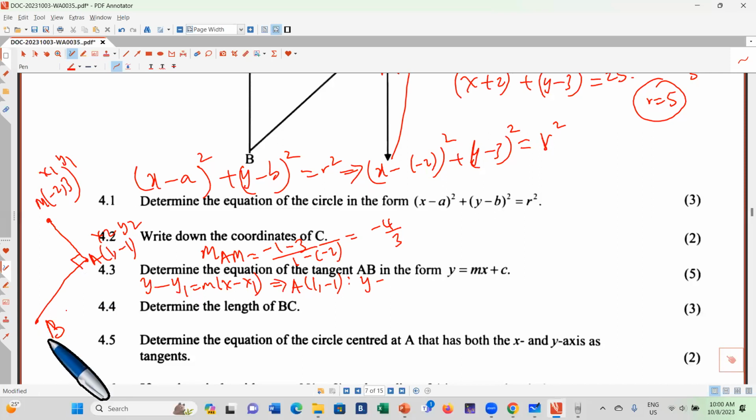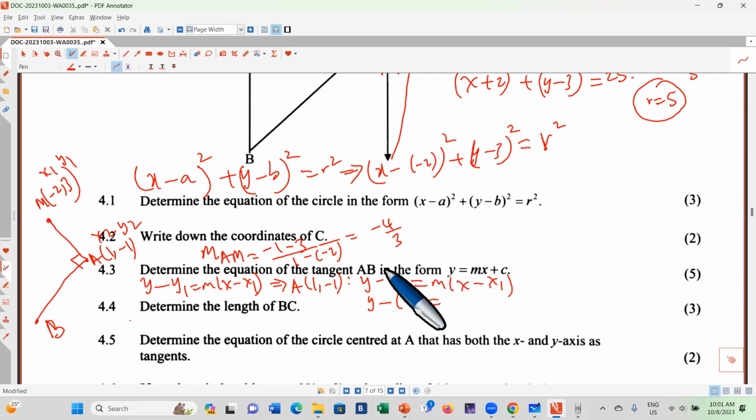So you have y minus y1 equals m into (x minus x1), which is y minus, what is the y value there, -1, equals m, the gradient of the line AB.